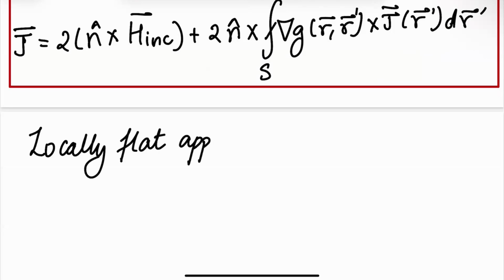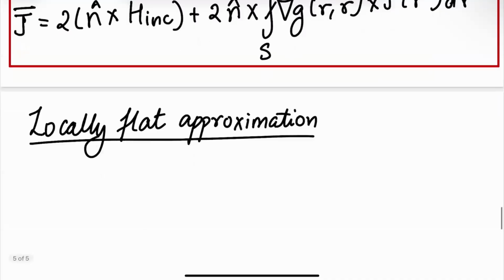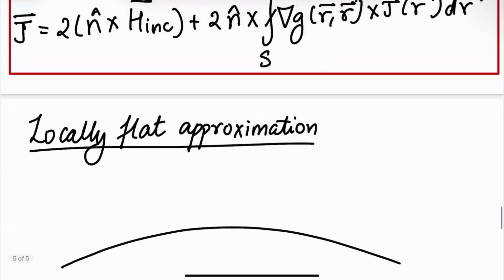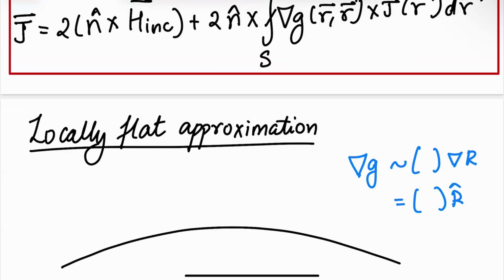locally flat. If you have a metal that's locally flat, right? Approximation. Okay, so essentially I have a metal whose surface is locally kind of flat. So when it's locally flat, we know the gradient of G is some constant times gradient of capital R, which is nothing but R hat.